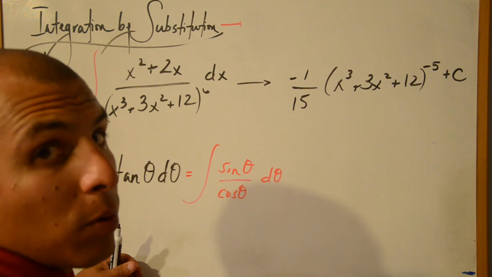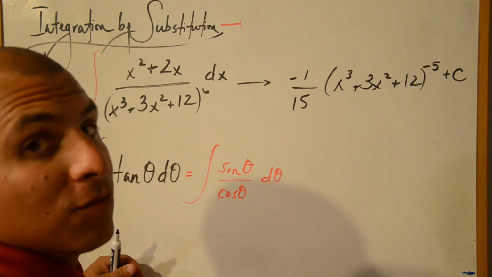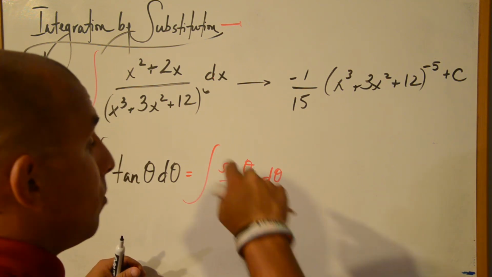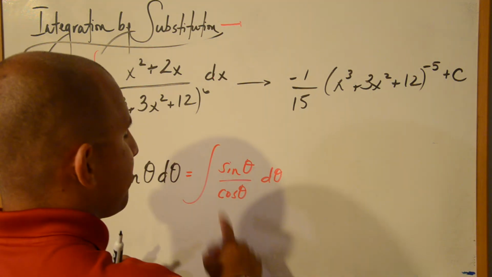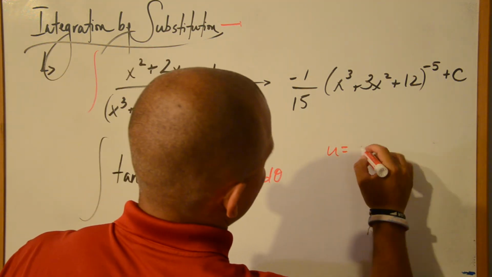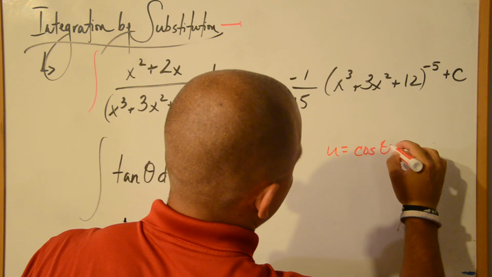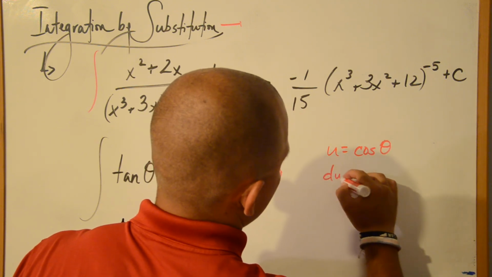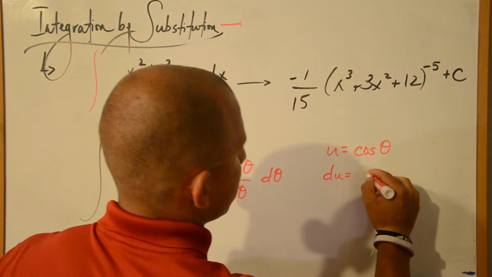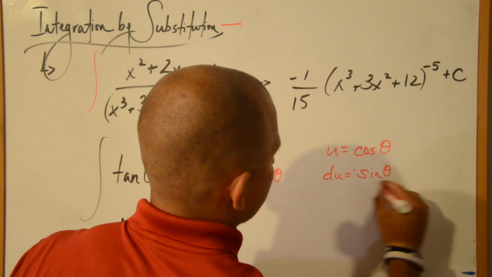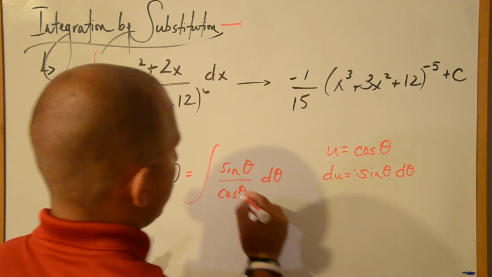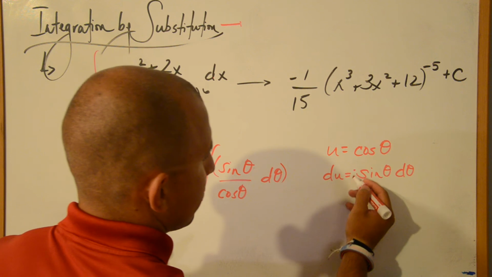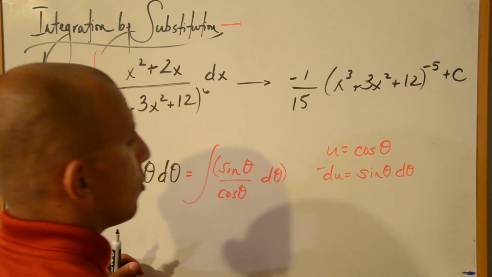Now remember, we want to select a function such that the derivative of that function will be remaining. Okay? If I select u to be cosine of theta, du becomes negative sine theta d theta, which notice exists here aside from the negative sign, so we can just move it over.